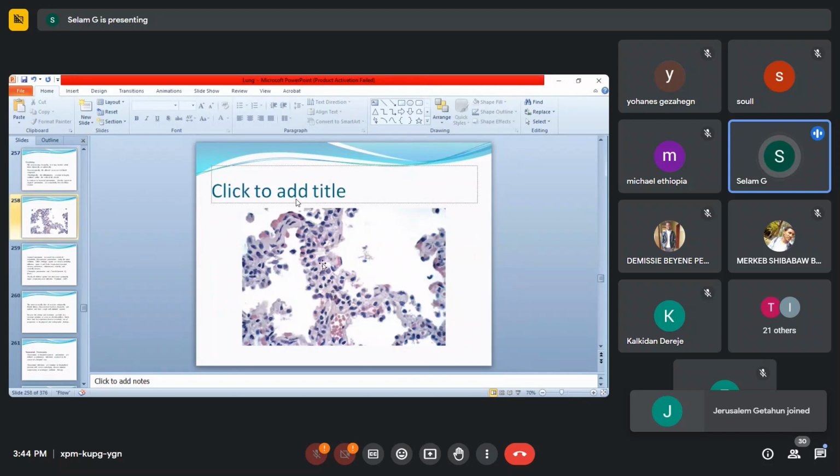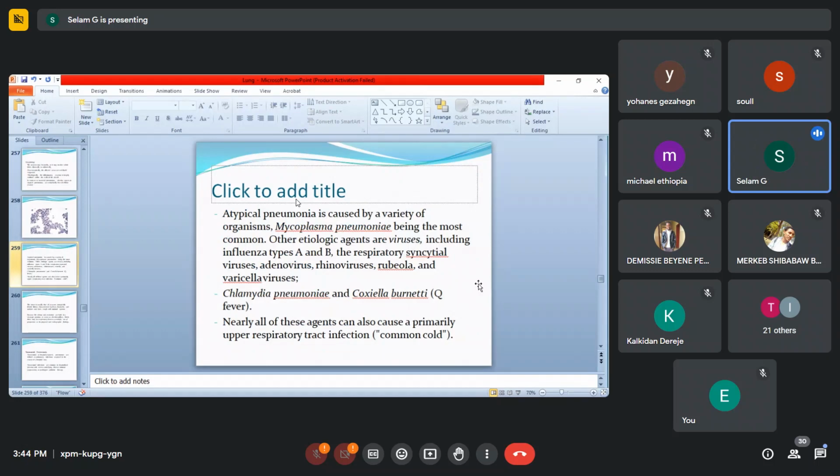So the alveolar wall is somewhat expanded by these inflammatory cells, predominantly lymphocytes, but the alveolar space does not have the debris, which is very dangerous in pneumonia. Atypical pneumonia is caused by a variety of organisms, with mycoplasma being the most common.